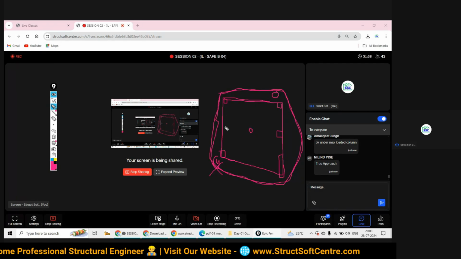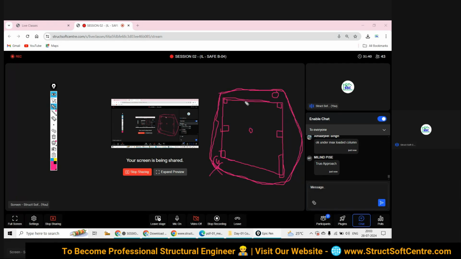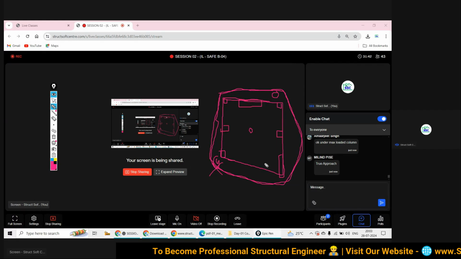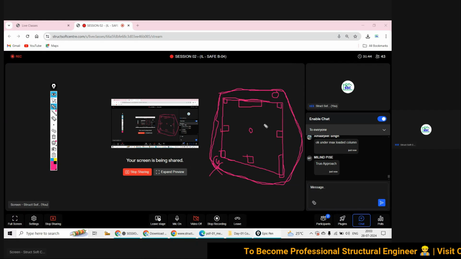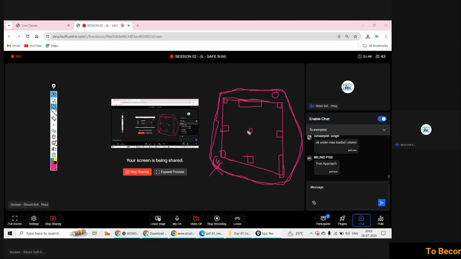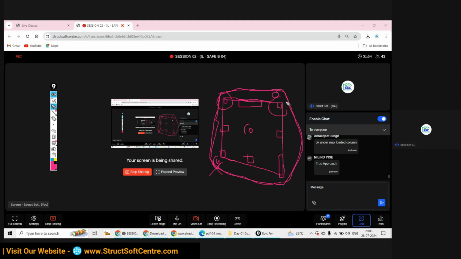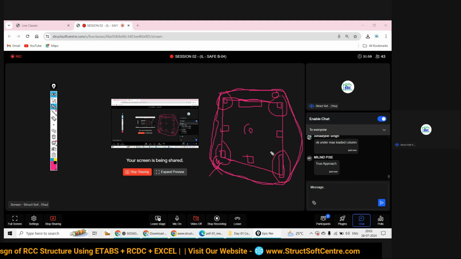Suppose these are the columns, these are the shear walls, one shear wall is coming here, one column is here, and they ask to do the analysis. After the analysis they ask what is the maximum reaction. For example, here the maximum reaction, here the maximum reaction, here the maximum reaction is coming, okay, taking.